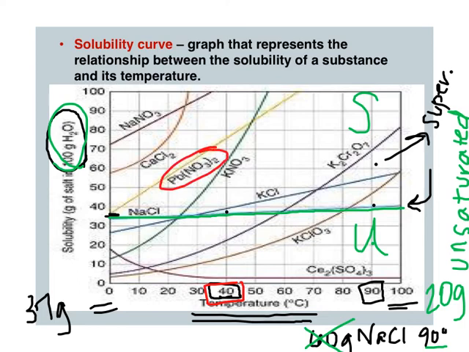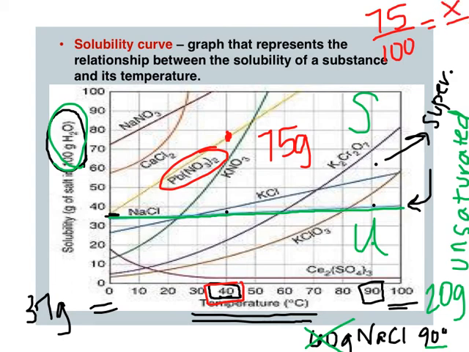At 40 degrees, how much would dissolve? That'd be about 75 grams of lead nitrate, but that's in 100 grams of water. If I put it in 200 grams, it'd be 75 over 100 equals what over 200? You just multiply by 2, so it'd be about 150 there, okay?